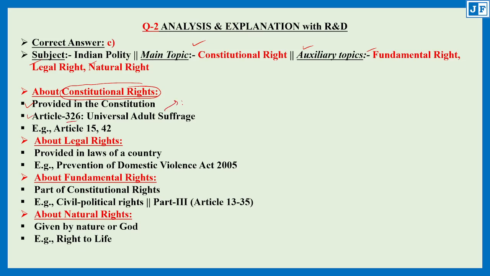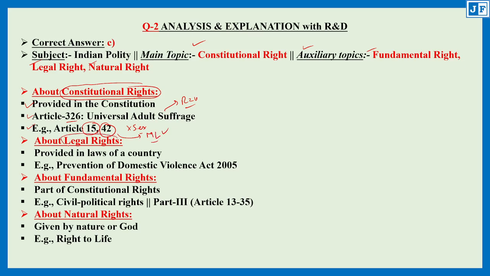It does not clearly mention right to vote, but it is inherent in it. In the context of women's rights, for example, Article 15 prevents discrimination based on sex. Article 42 provides women humane conditions at work as well as maternity leave.